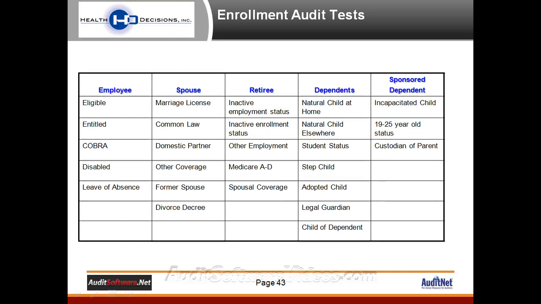So if you take a look at all the enrollment type tests out there, there are a lot of tests. I mean, you could have student child, adopted children, legal guardian child, domestic partners, common law marriages, divorces, etc. All of this runs the gamut. So there's a lot of different tests to take a look at. And when you take a look at this slide here, these are the most common tests being done for enrollment.